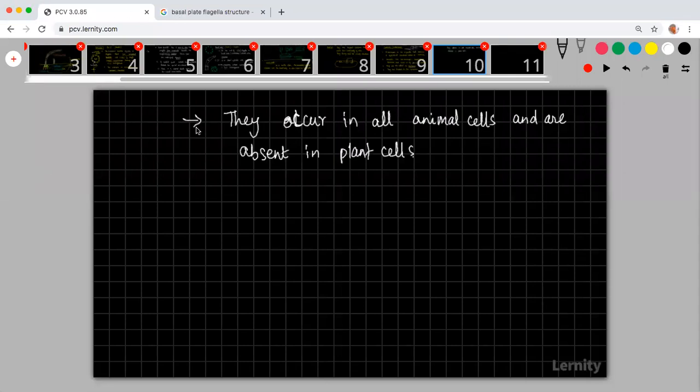The next thing that you should know is the structure. We'll try to study about the structure.